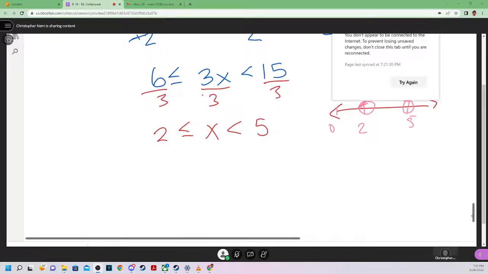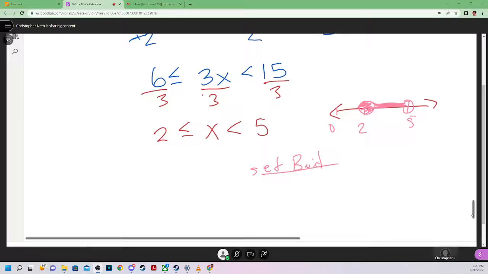Now we include the number 2, but we do not include the number 5. And then we're just going to go everything in between there. Boom. So this means that in set builder, you're going to have x as an element of reals such that you can just write the exact inequality. Nothing complicated.